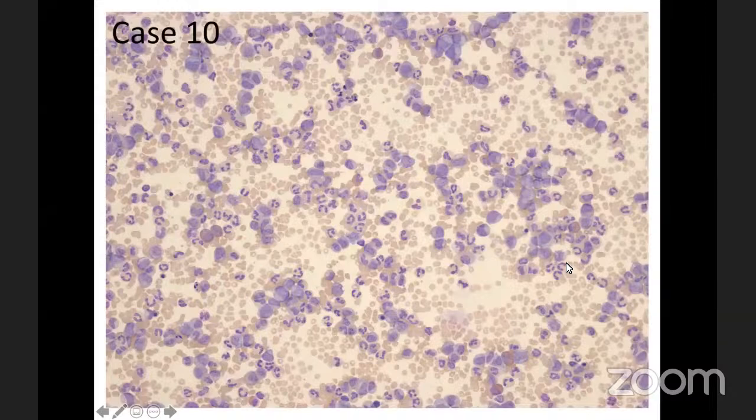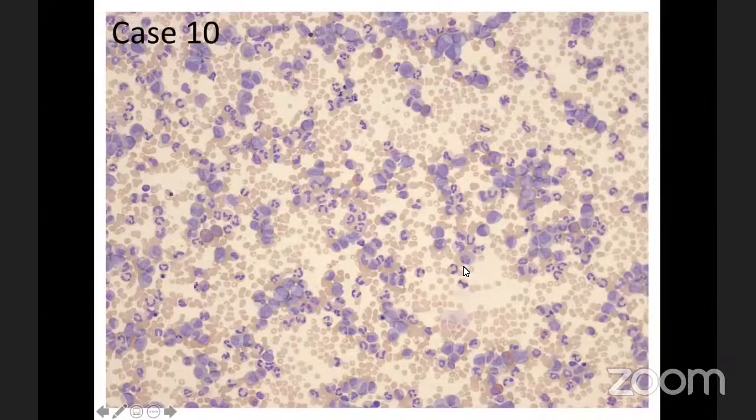Very hyperleukocytosis, heterogeneous cells. We have from low power many neutrophils, left shift, nucleated RBCs, some apoptotic cells.